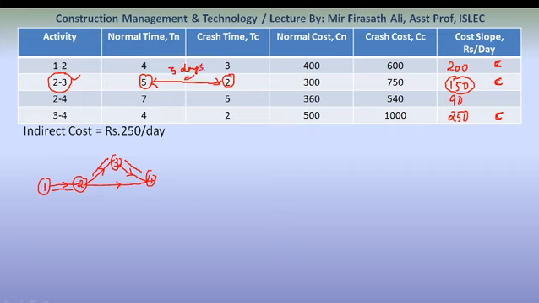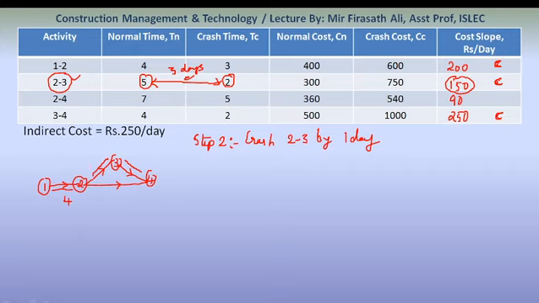So let us begin with step 2. Crash activity 2 to 3 by 3 days. First we will see it by crashing by 1 day. So what happens? Activity 1 to 2 is 4 days.